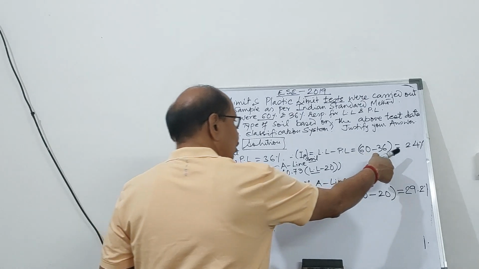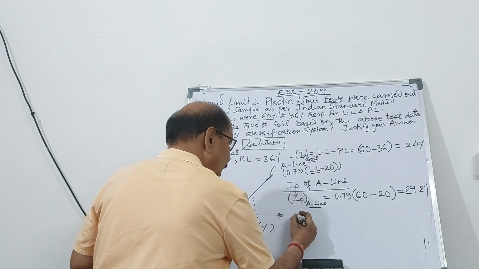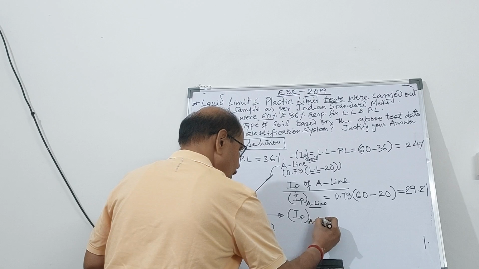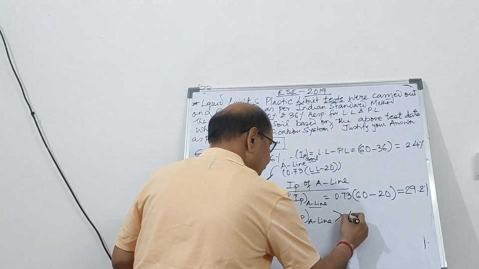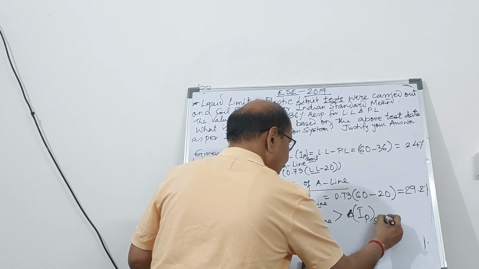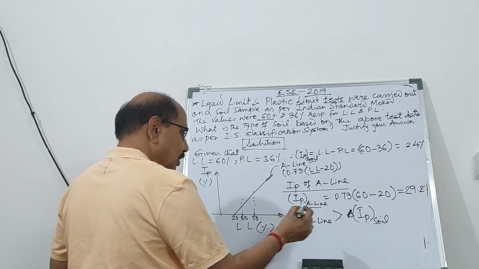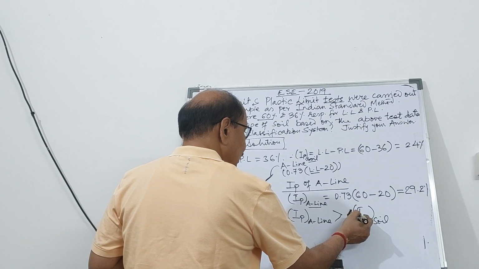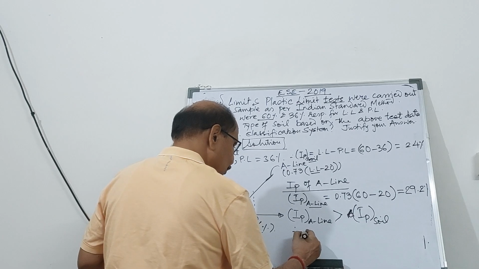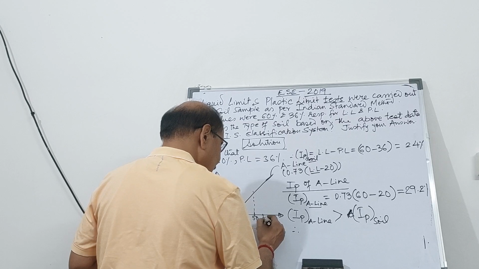IP of soil is only 24%, whereas it is 29.2% for the A line. Therefore, IP of the A line is greater than the plasticity index of the soil, which is only 24%. That means the IP of the soil is below the A line. Therefore, the point will lie at 60%. Let's say this is 60.